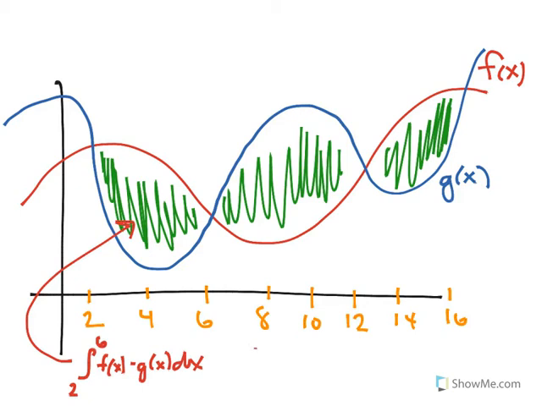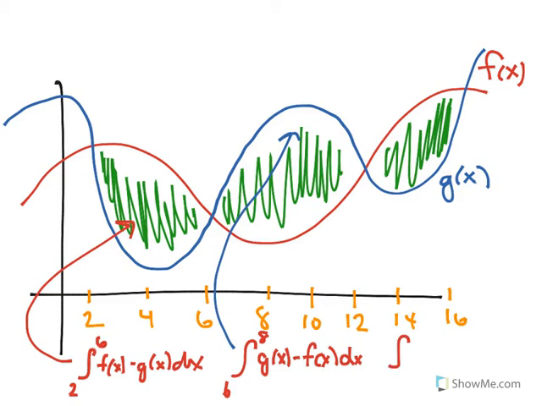For this next interval, it's going to be the integral from 6 to 8 of g of x minus f of x dx, because on this one, g is on the top. And for the third one, it will be the integral from 12 to 16 of f of x minus g of x dx. And then to find the area of all three combined, I would just add those three separate things together.